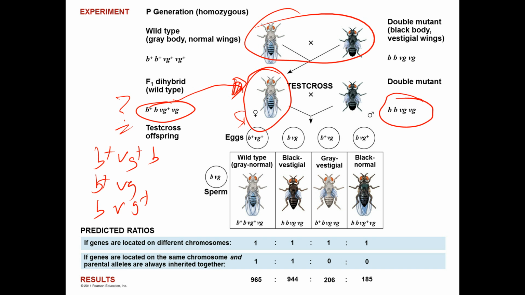In this case, this is your parental trait. This is also another parental trait of the first generation. These are recombinants here.